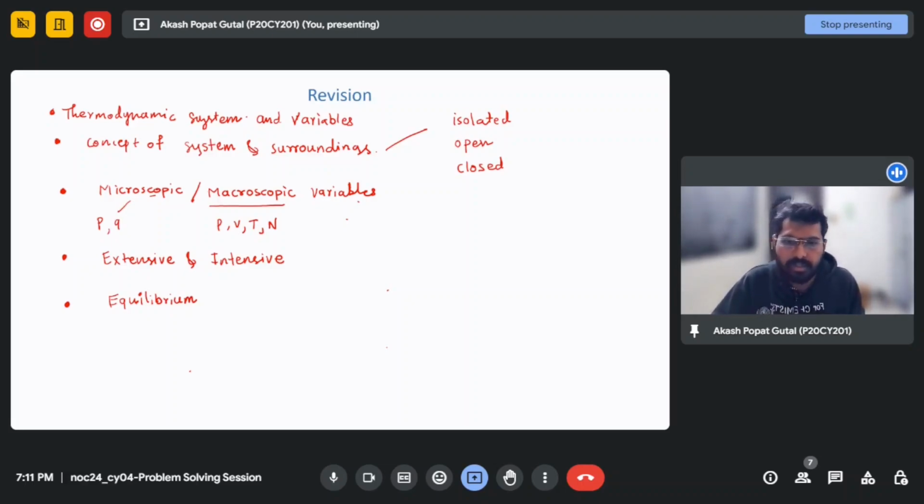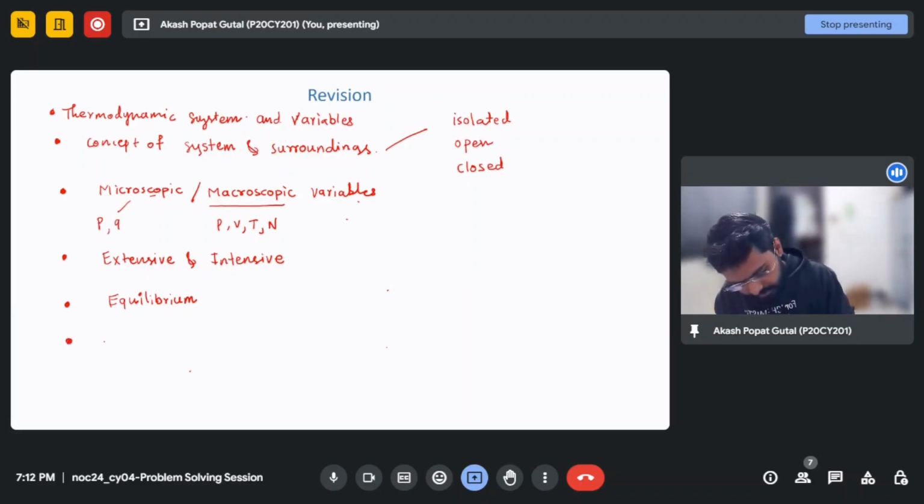If it is constant in time, then we say that the system is in equilibrium. If the state variables of the system remain constant after time t, then we say it is the condition of equilibrium.